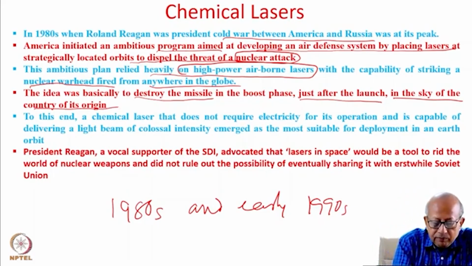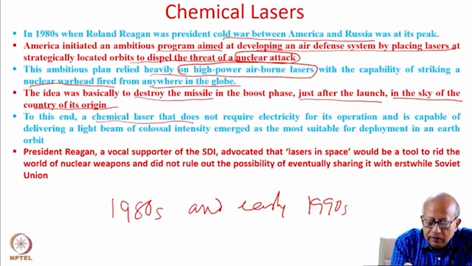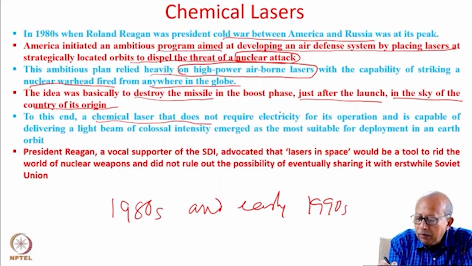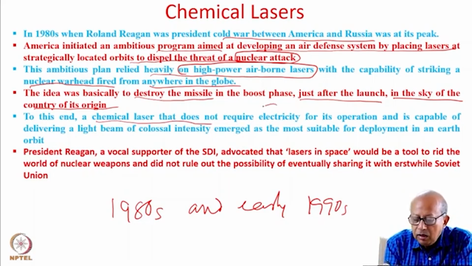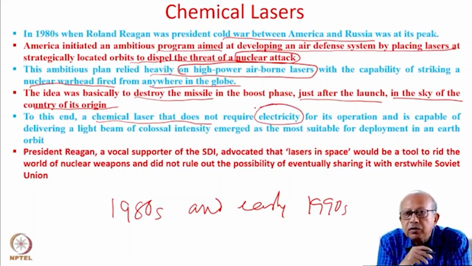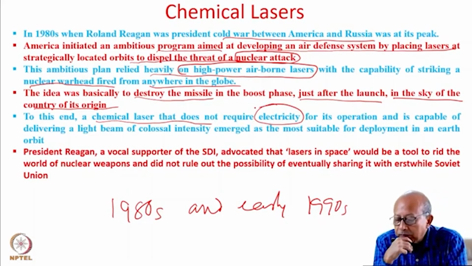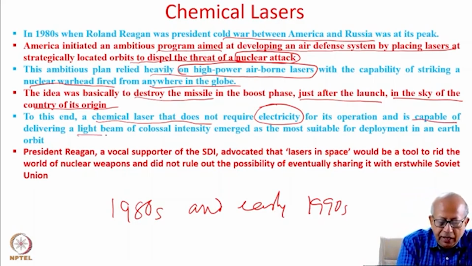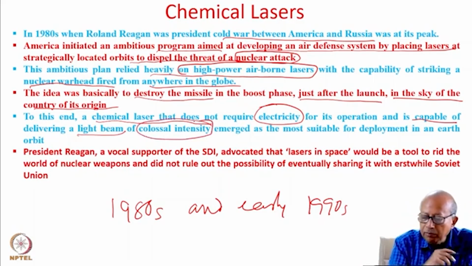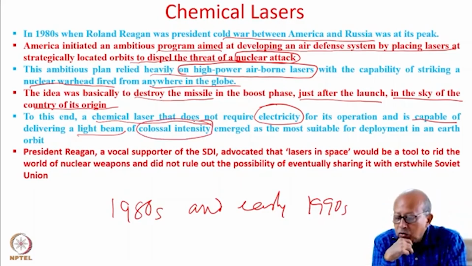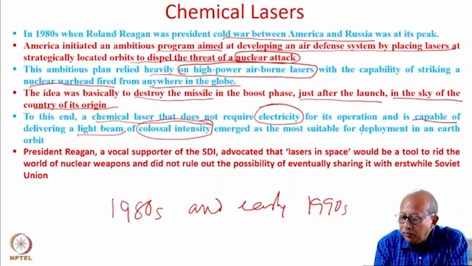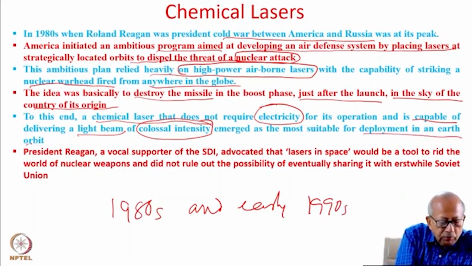For this, a chemical laser that does not require a significant amount of electrical energy for its operation and is capable of delivering a light beam of colossal intensity emerged as the most suitable for deployment in an Earth orbit.